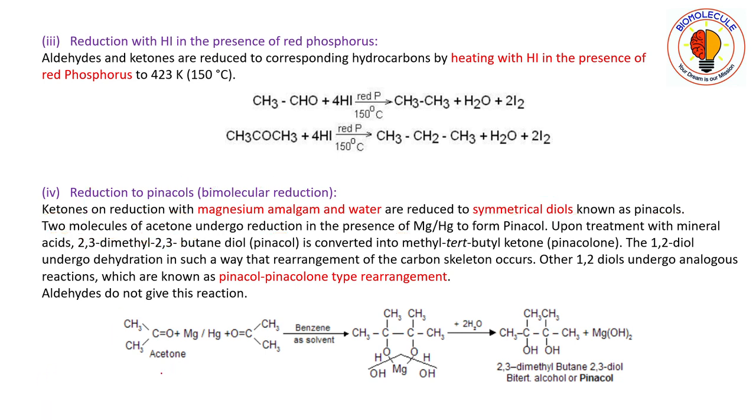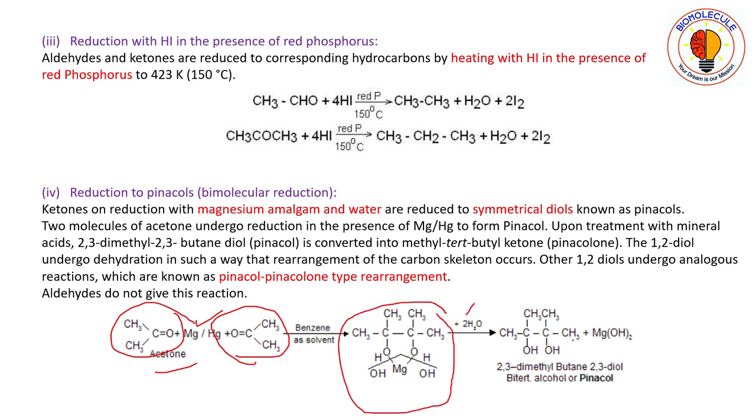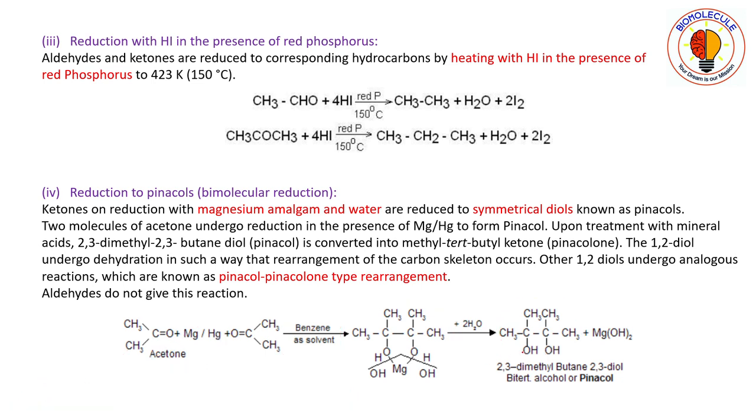See here, acetone, this one is the magnesium amalgam, and another molecule of acetone. This one was the first molecule, this one is the second molecule. With the magnesium amalgam you get this as an intermediate. Further hydrolysis will give you this diol, that is pinacol. You can see here this one alcohol and another alcohol, so it is a diol.